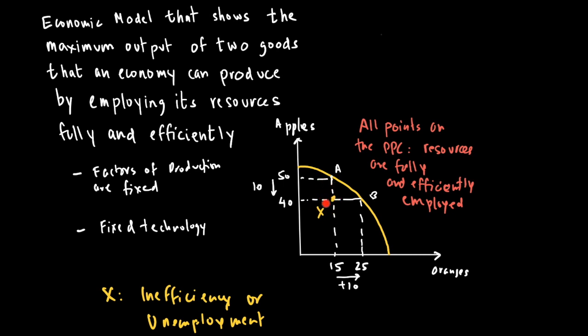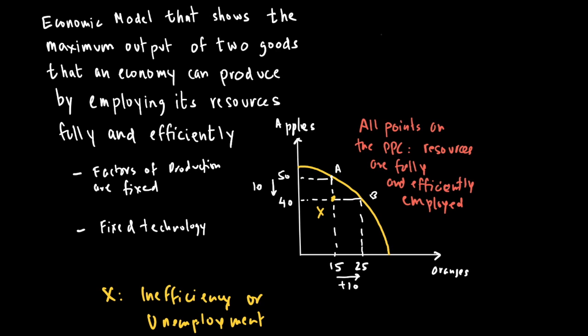So point X basically represents that you were not employing your resources properly, because if you get more of something, let's say more of oranges, without losing anything of apples, then this would mean you had some unemployed resources which were not properly utilized before or not utilized before, and now you're using them better.